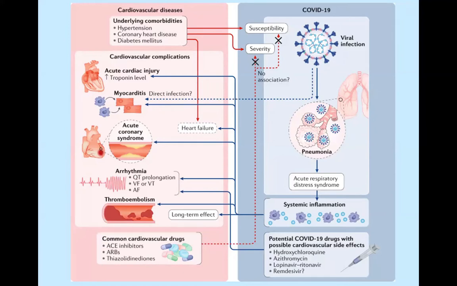Throw into that mix the cardiac effects of some of the drugs that have been used all over the world. And I think the world has fallen into one of two big categories. There's either the treat with anything that might be vaguely helpful group, or the let's do this as part of trials group. And you can look at some of the countries around the world and it's very clear what category many of these have fallen into.